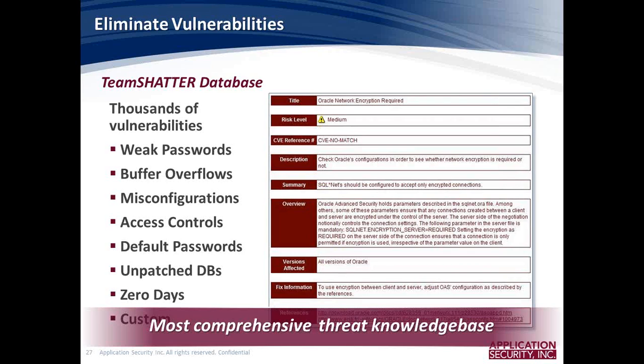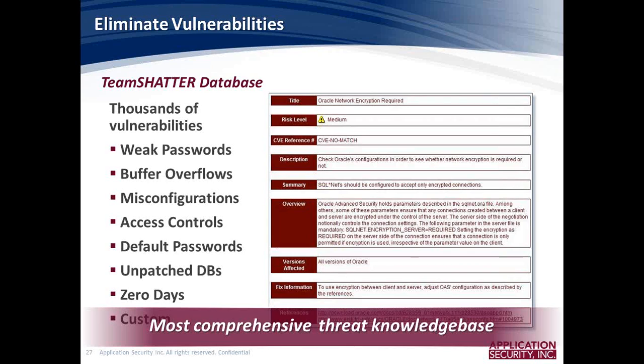The Shatter knowledge base includes checks to identify vulnerable conditions on any database, and rules to identify, really, attack signatures, to identify any attempts to exploit those known vulnerabilities on any database. For each vulnerability, we write a detailed knowledge base article explaining exactly what the vulnerability is, what it means, what versions it impacts, and exactly how to fix it.